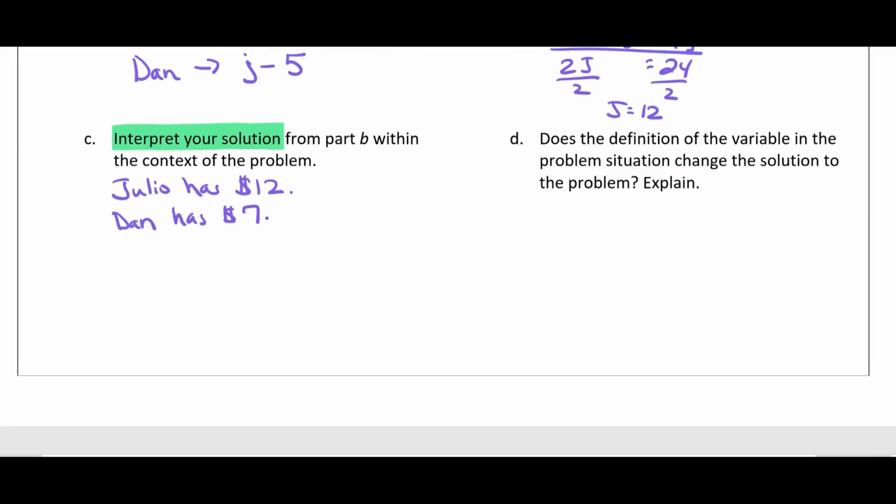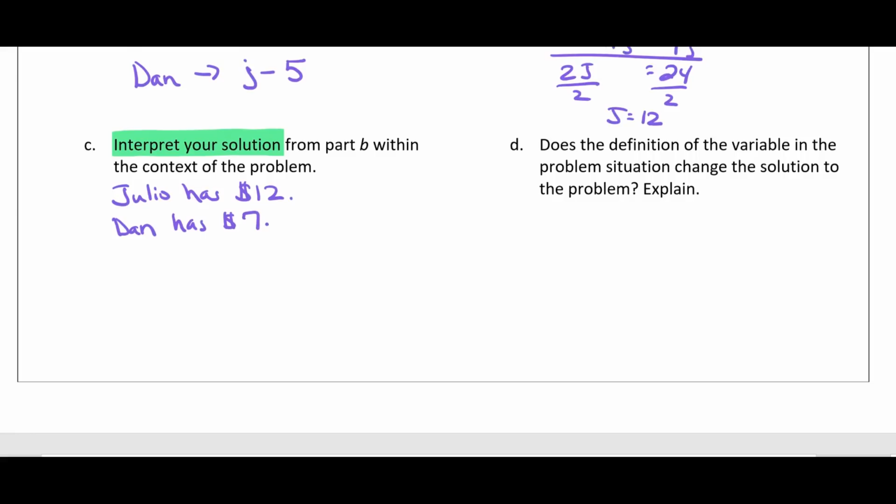That's the first step. So then part D says, does the definition of the variable in the problem situation change the solution to the problem? Well, yes, we just talked about that. Yes, it does.